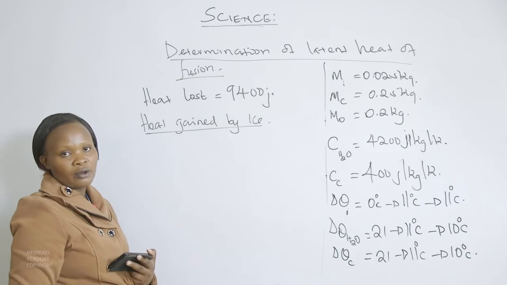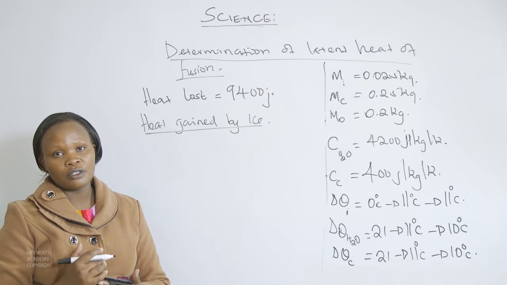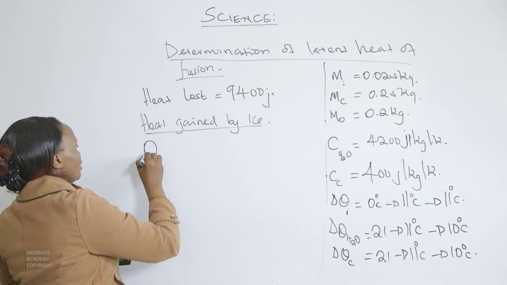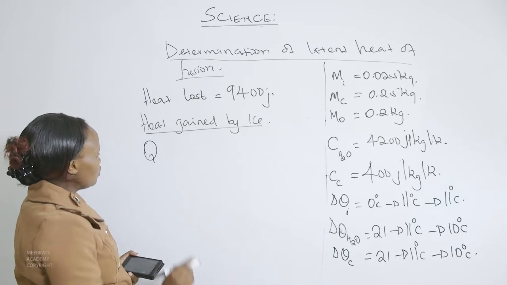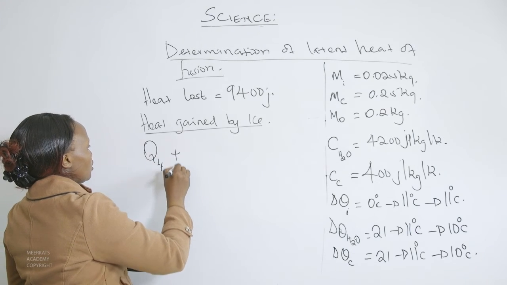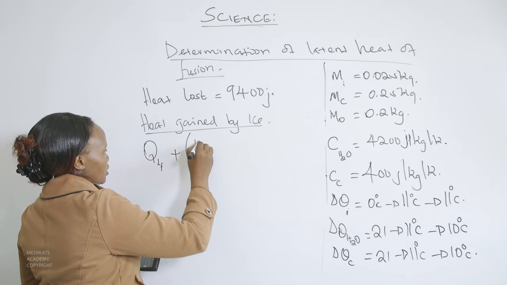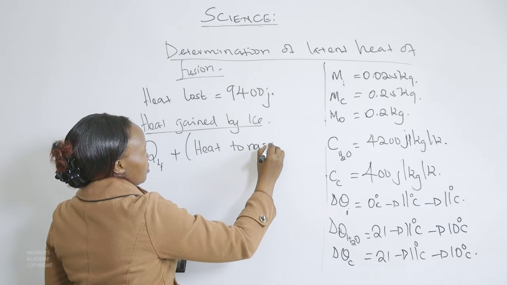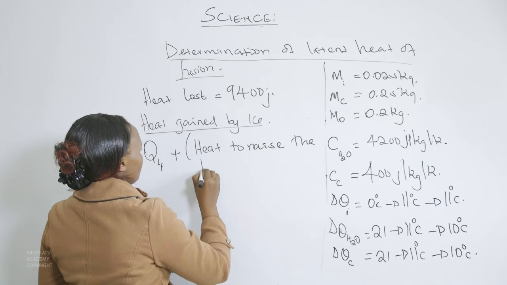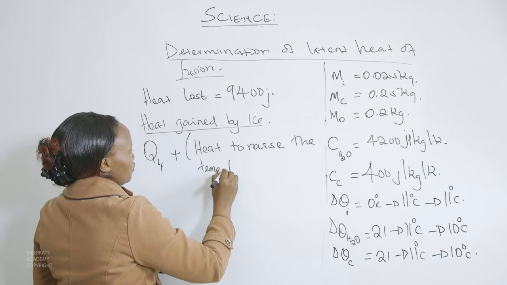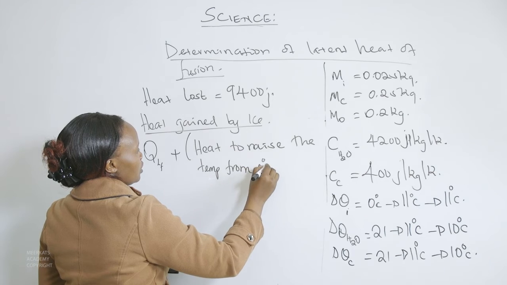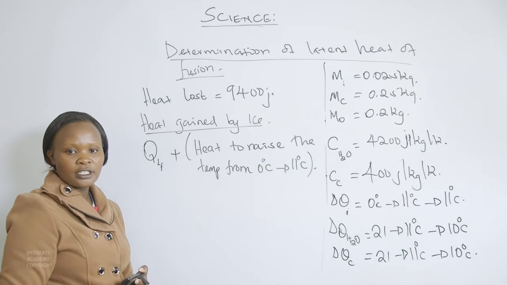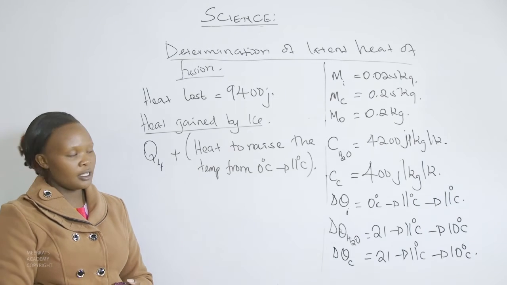Now let us look at the heat gained by ice. We have been told our ice is 0.025 kilograms by mass. So now it will be the latent heat of fusion plus the heat to raise the temperature from 0 degrees centigrade to 11 degrees centigrade. That is how much our ice has gained.